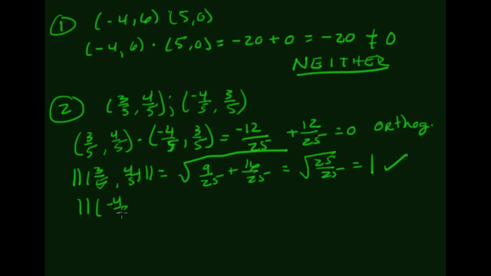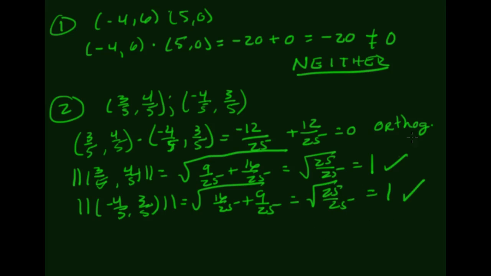Then we take negative 4/5, 3/5, which is the square root of 16/25 plus 9/25, which is also 25/25, which is 1. So both are orthogonal and everything has a magnitude of 1. So we say that we are orthonormal. That's number 2.